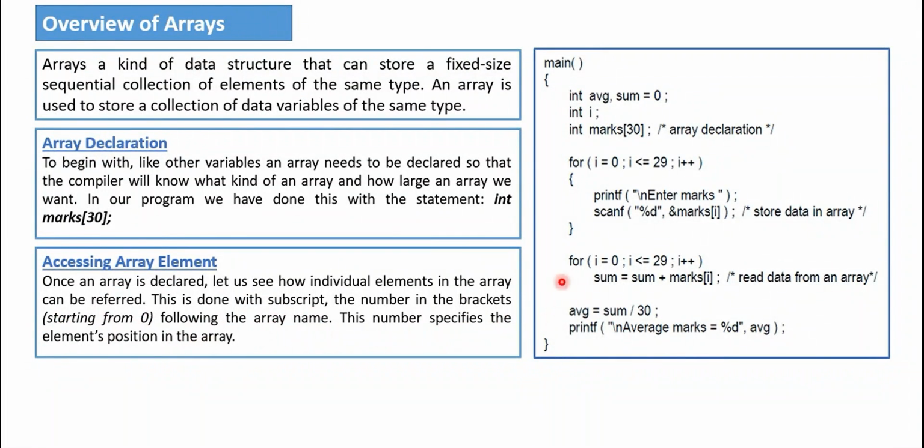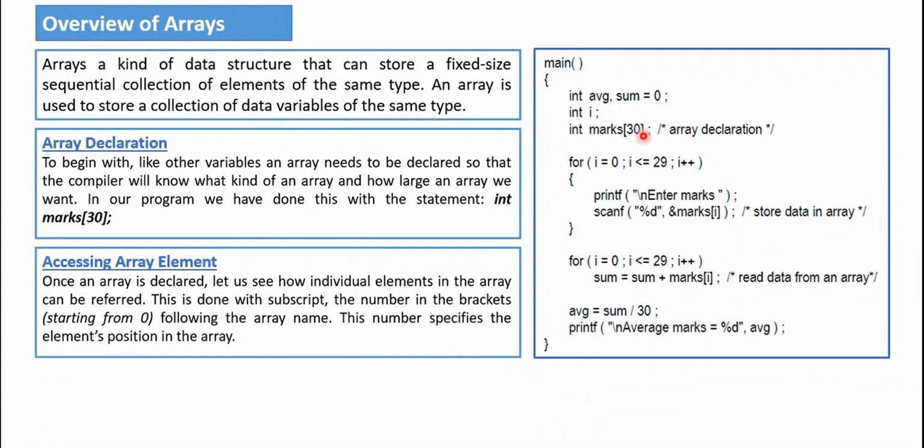So if you see the second for loop, that is for i equal to 0, i less than or equal to 29, and i plus plus, we have sum equal to sum plus marks, and within the brackets there is the value i. This is from 0 to 29, which is the index value for the array. So marks[i] will point to each element starting from 0 to 29 that is stored in this array of marks.